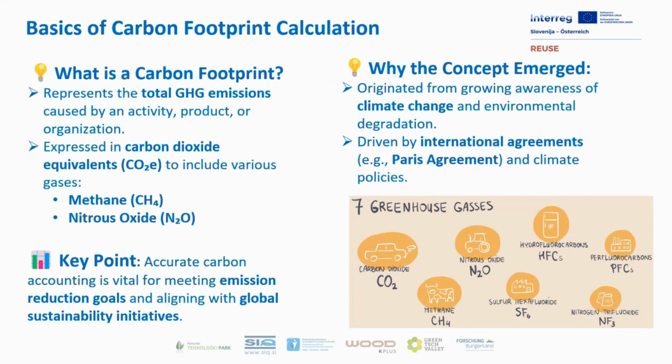These emissions are usually measured in something called carbon dioxide equivalents, I mentioned this before, or CO2e. This unit helps us compare different greenhouse gases like methane or nitrous oxide by converting them into the same scale based on how much they contribute to global warming.